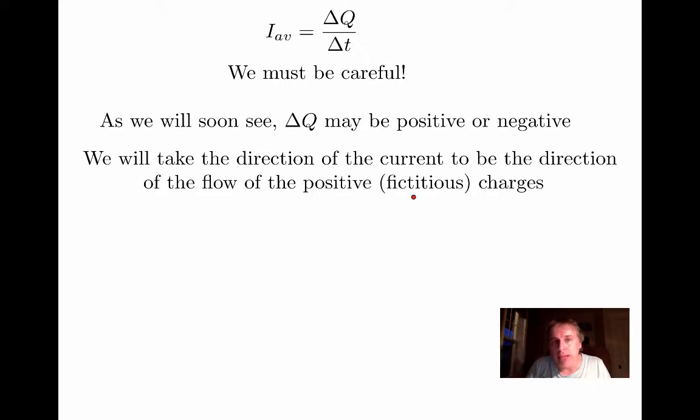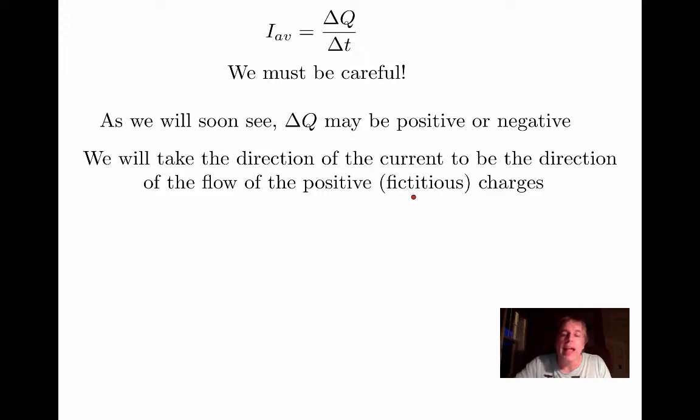And the reason we can do that is that if you look at the wire, and let's say you have electrons moving to the right, in terms of flow of charges, this is totally equivalent to having positive charges moving to the left. So if you don't care about looking at the atomic level at what is actually moving, you just look at the charge. If you have negative charges moving to the right, it's the same as positive charges moving to the left. So you can define the current to be the motion of positive charges, which are fictitious, but we're stuck with that convention.